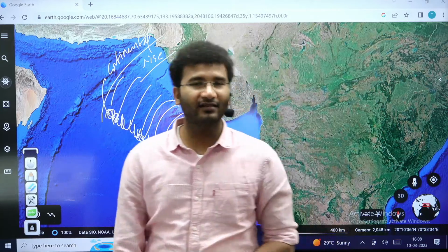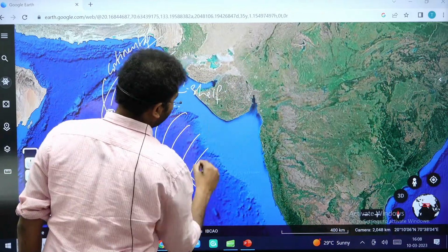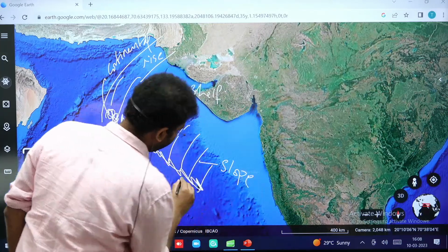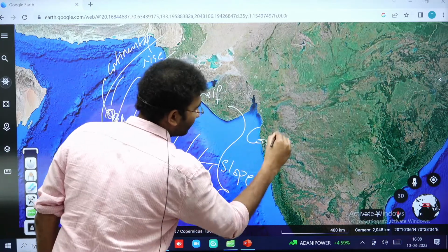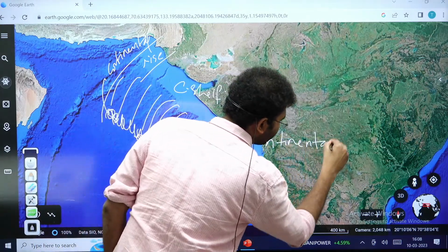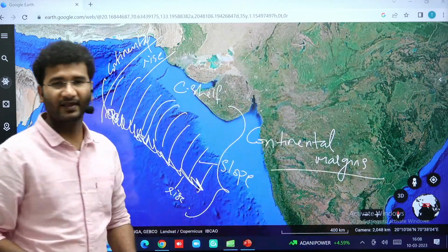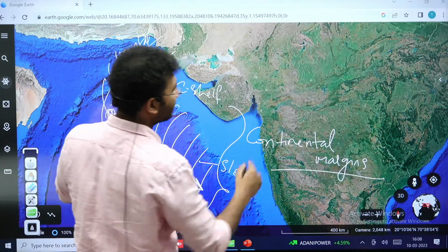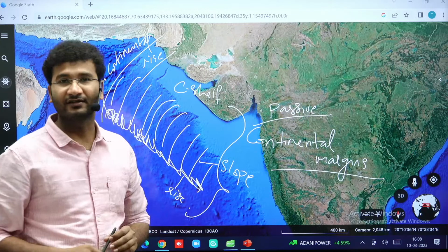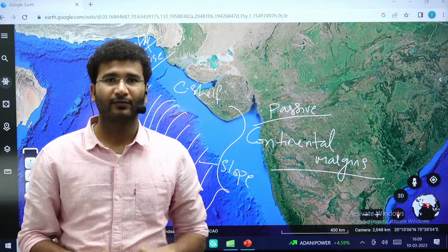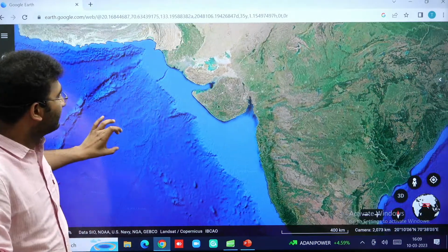So the continental shelf, slope, and then rise, these three are your continental margins. Right? In India, on the western side, it is a passive continental margin. Right? But let's go and check another place.